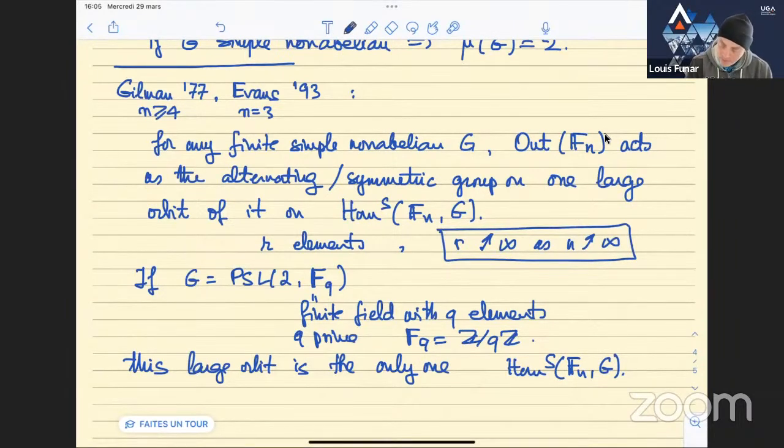It's large with respect to the other orbits, and the action is by the alternating group on R elements on it.